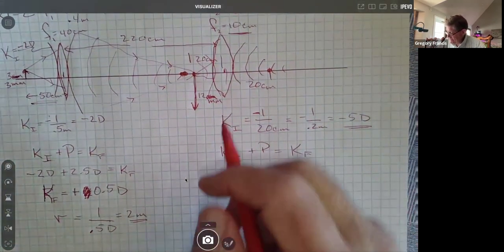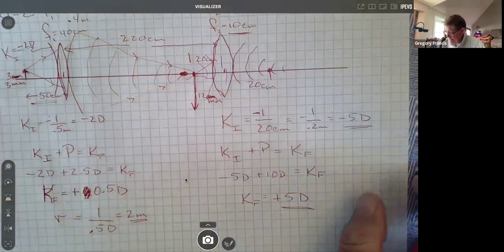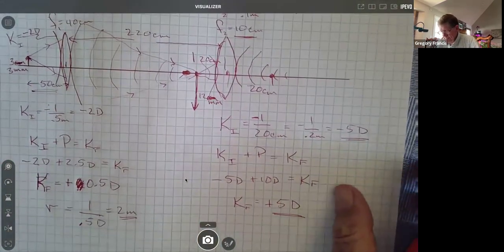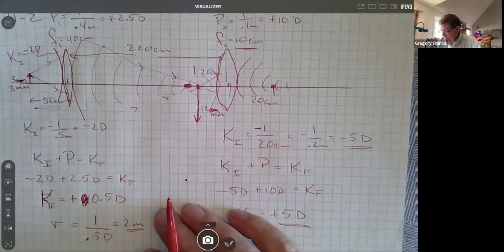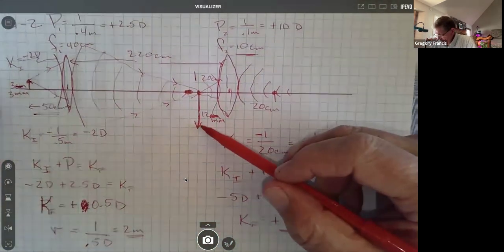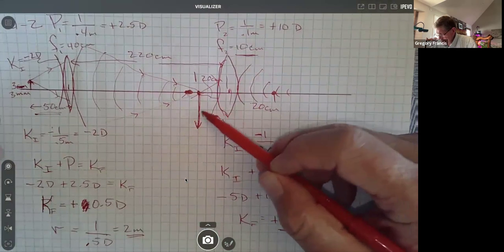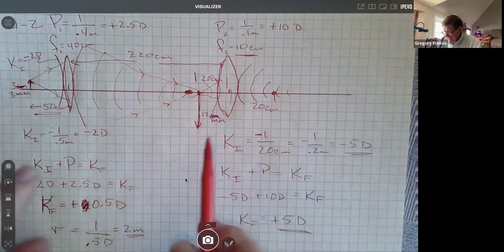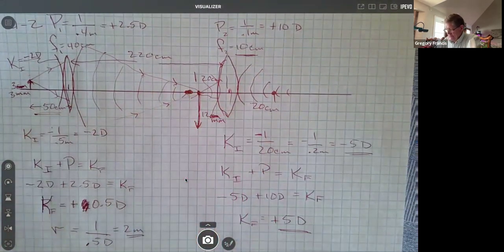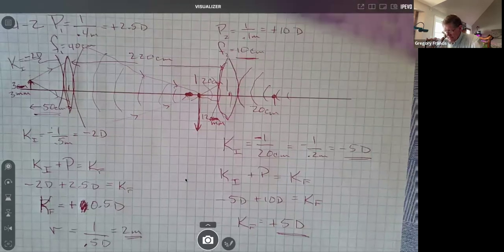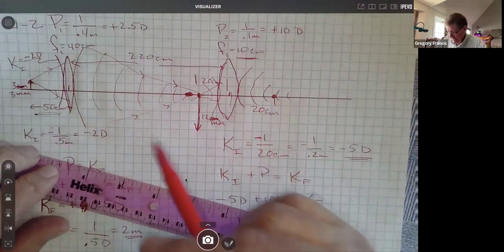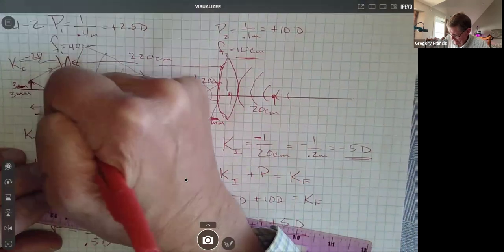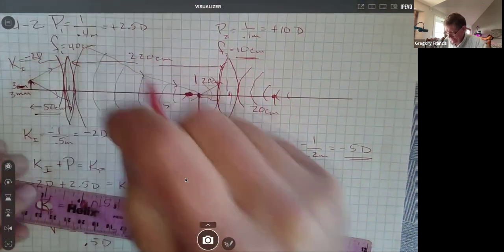Now, well, let's go back. We kind of skirted over something here. How did I know that this was 12 millimeters? Well, the answer comes from, let me draw that more symmetric.